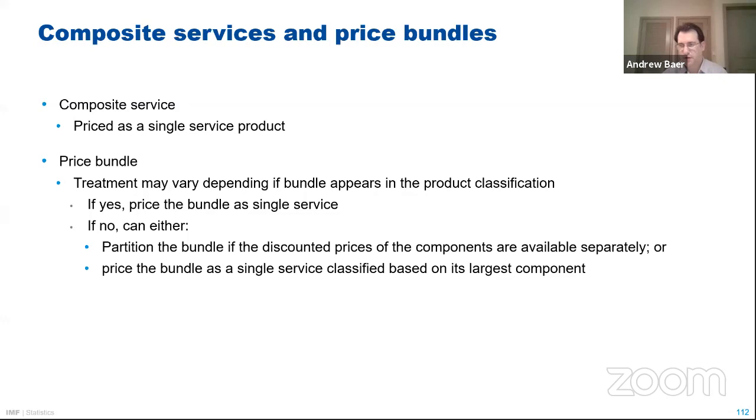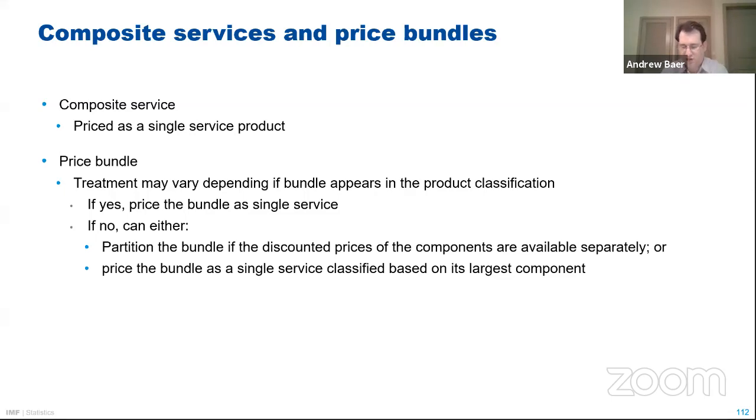But if it's a real bundle, meaning that the services are available for separate purchase, but they're offered together, then you ask, does the product classification include separate products for the services bundled together and apart? If yes, then you want to price the bundle together, right?